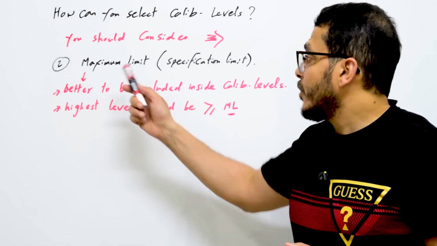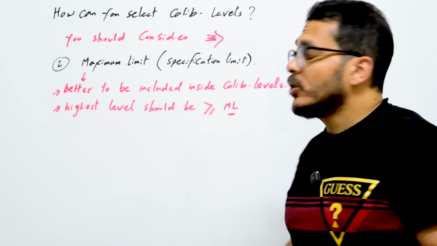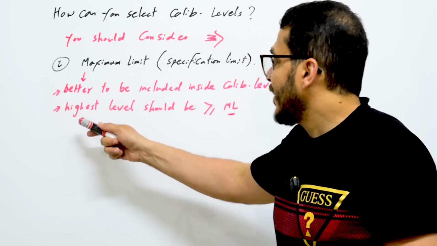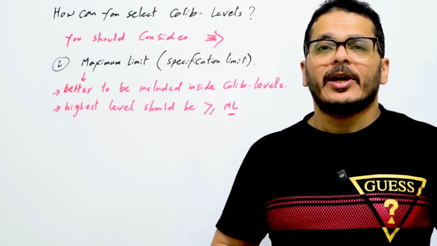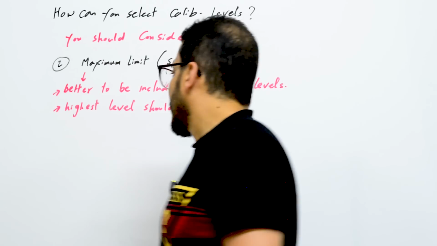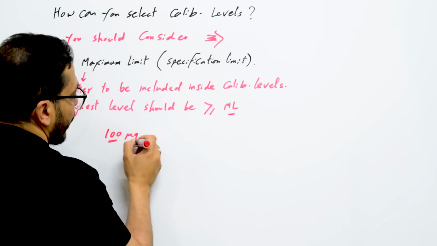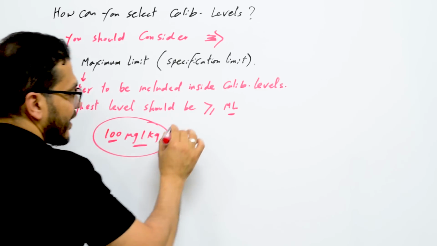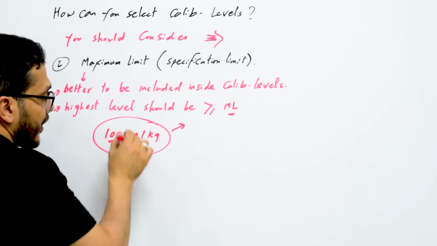Also, you should consider the maximum limit or specification limit. It is better to include it inside the calibration levels. So the highest level should be higher than or equal to the maximum limit. As an example, if the maximum limit for the target analyte is 100 microgram per kilogram, you should have 1 point, which is the highest level, higher than this limit or equal to it.